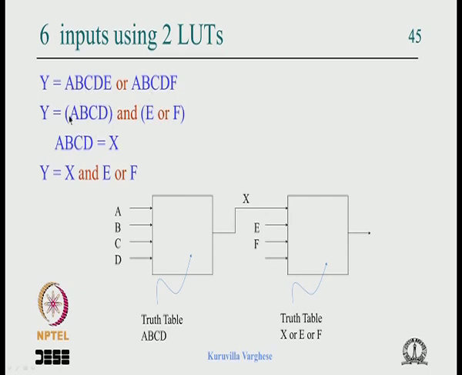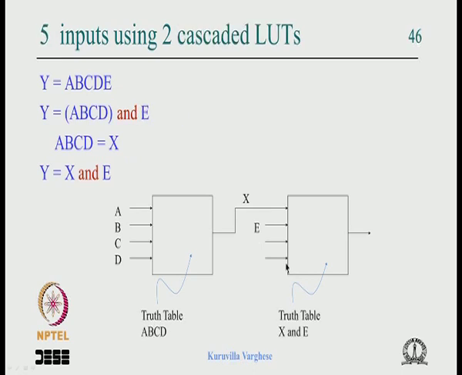There is a common product term, and we take it out and implement that in a lookup table. That output X is cascaded with E and F to form the real output Y. So it is not that whenever you have 6 inputs you need to go for a 6 input lookup table. You could cascade 4 input lookup tables.